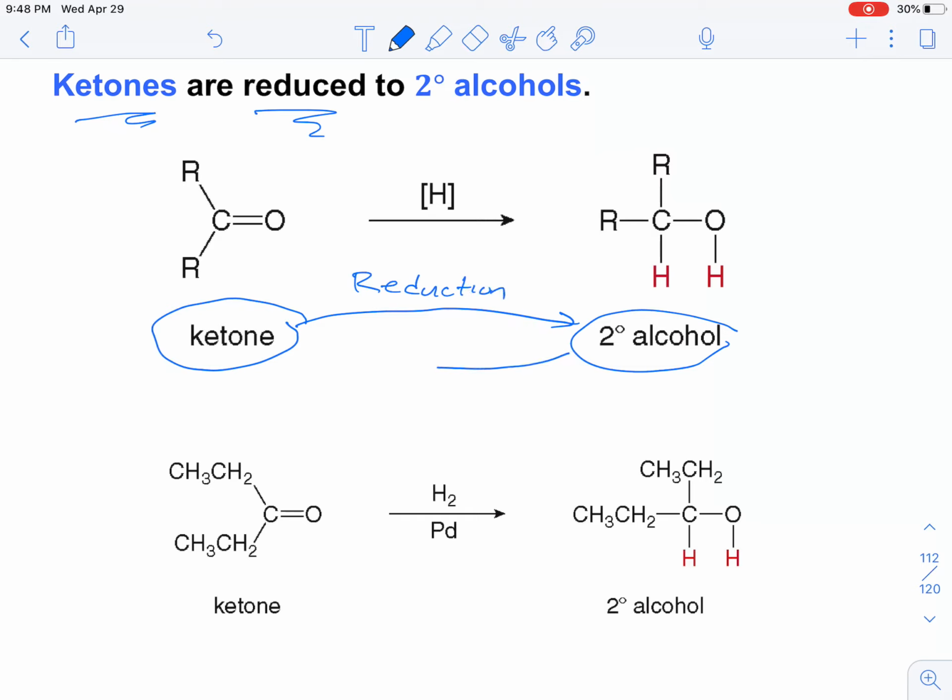If you have a secondary alcohol, and if you oxidize it, you're going to get a ketone. And so this reagent is a reducing reagent, so we would not use H2 and Pd to perform oxidation. H2 and Pd is just going to be used for reduction.